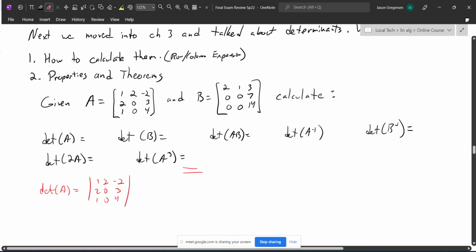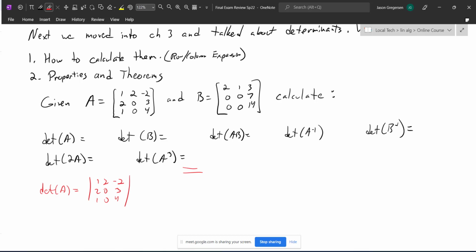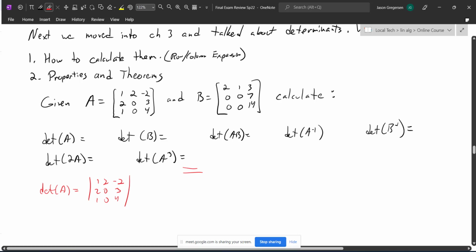And so as I move along whatever row and column I choose, there'll be a sign, there'll be a value, and there'll be a subdeterminant associated with each position. So if I moved across the first row, for instance, my signs alternate, plus, minus, plus, I would get plus 1 times a subdeterminant, minus 2 times a subdeterminant, and plus negative 2 times a subdeterminant.